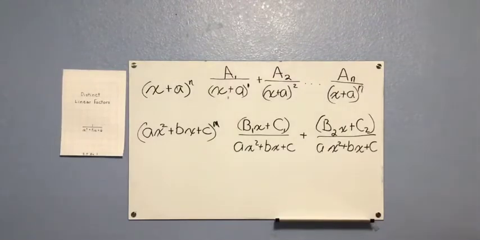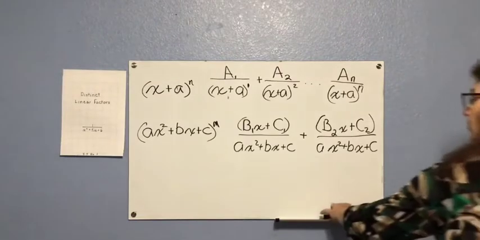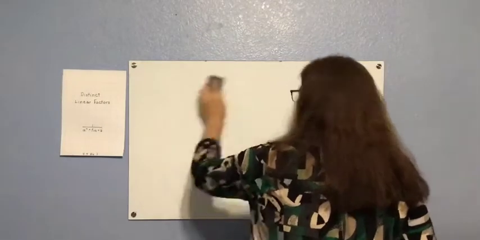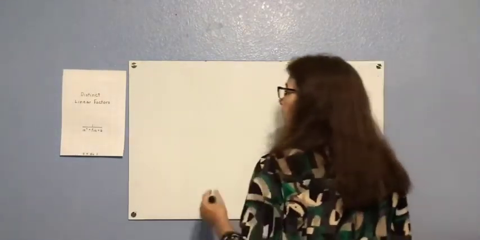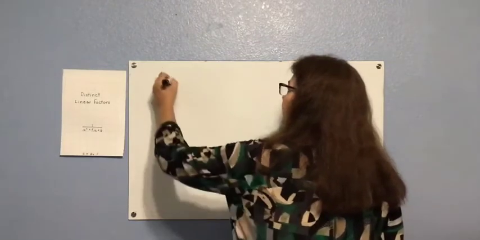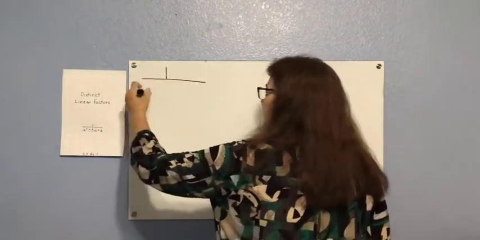Okay, let's look at some problems that use this method of partial fractions. We'll start off simple and work a problem that has only distinct linear factors. Here's our problem.